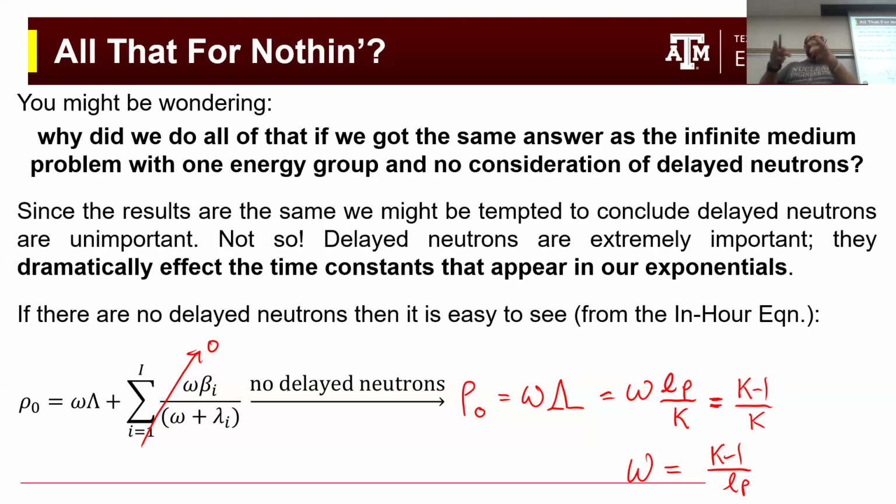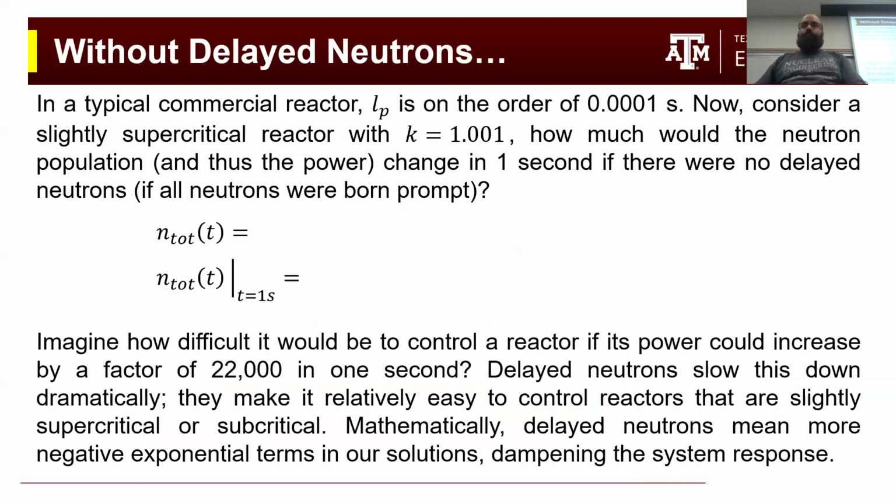If we know what that solution is, then we can plug that into our particular solution and investigate using numbers how my population would respond as a function of time. In a typical reactor, the prompt neutron lifetime is about 0.0001 seconds.